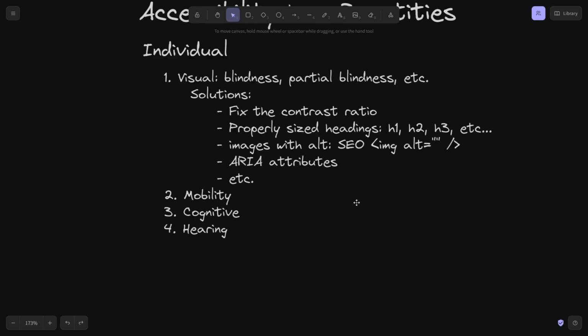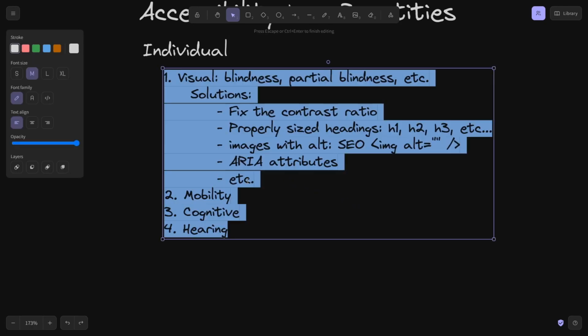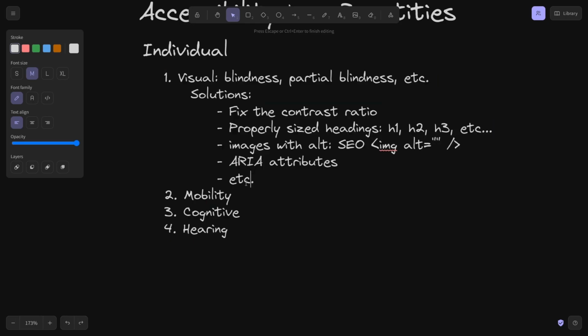There is something called WCAG standards. You can look into it. I can just mention it right here. There you will find a lot of suggestions which will help you follow standard practice in the accessibility department. Okay. The rest is completely subjective based on the users that you have for your app.